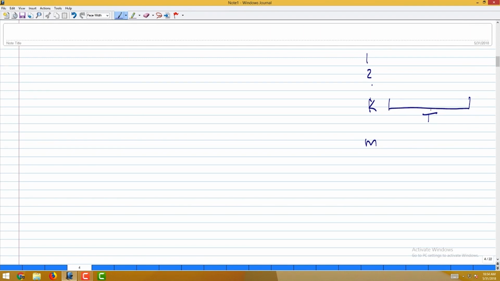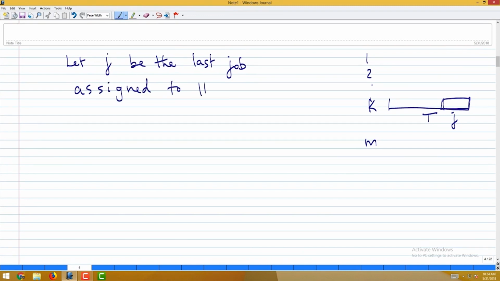So, look at the last job assigned to this machine. Let j be the last job assigned to the machine K. Think of this horizontal line as the assignment, the time.